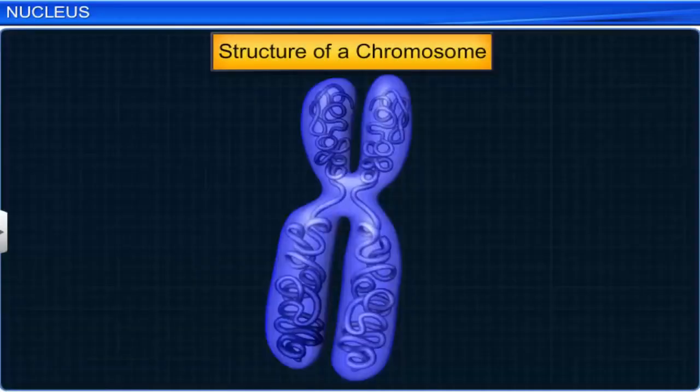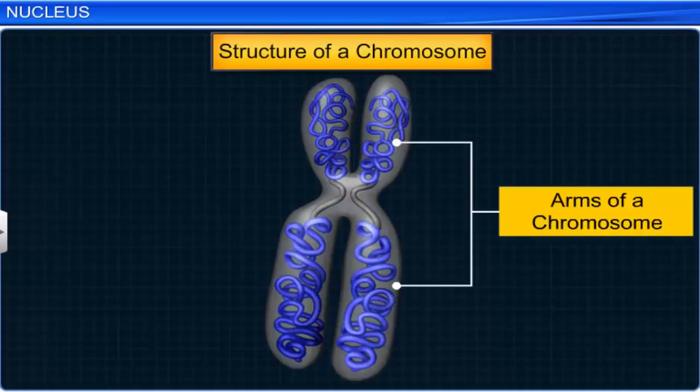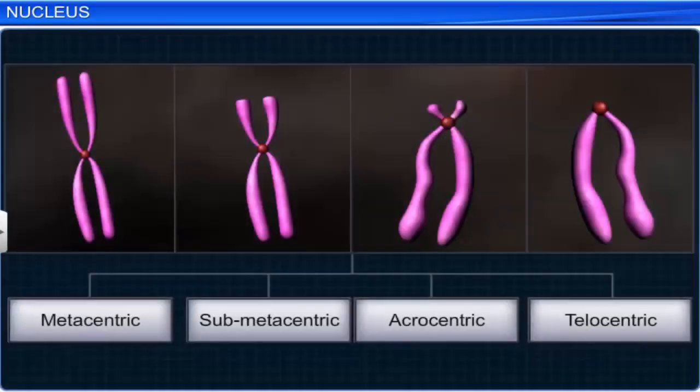The parts present on either side of the centromere are called the arms of the chromosomes. Based on the position of the centromere, chromosomes can be classified as metacentric, submetacentric, acrocentric, and telocentric.